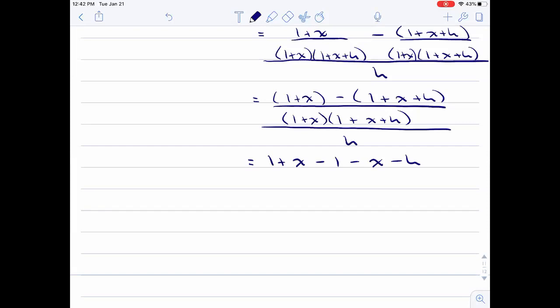No, we can't, because unless you're able to pull out a common 1 plus x from this one, we can't say that 1 plus x cancels here. In order to cancel it from the bottom, we have to have a 1 plus x over here. That's the rule: if I'm canceling, I have to be canceling from both of these. Short answer, no, because 1 plus x is not a multiple in the second part.